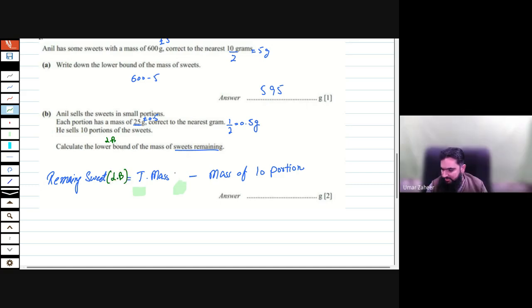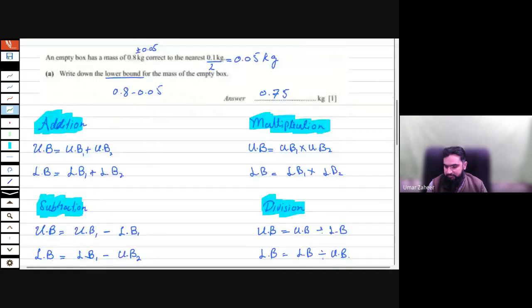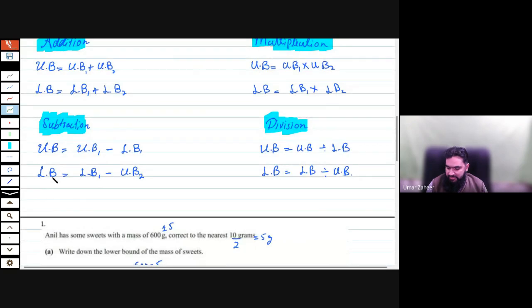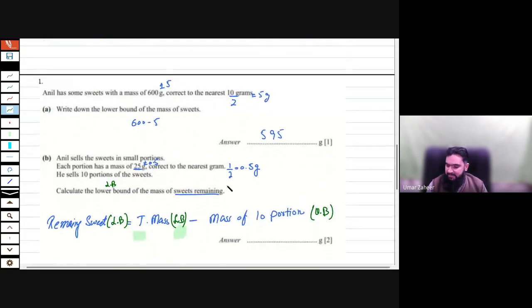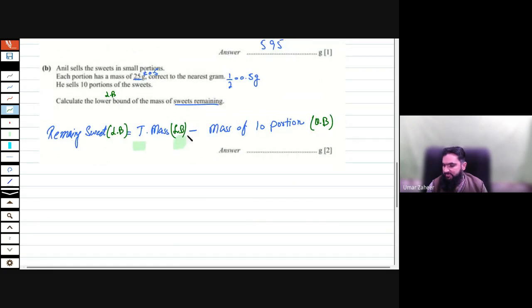So we are going to take the lower bound of the first value and the upper bound of the second value. Now, total mass is, yes, Taha?